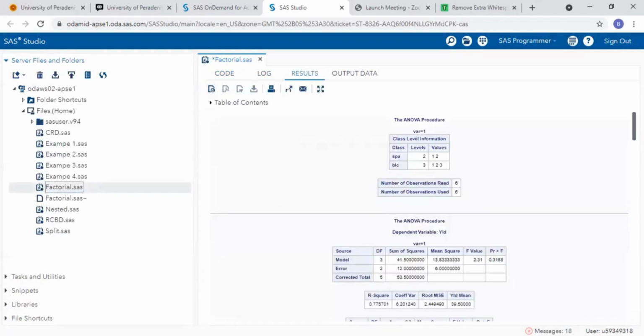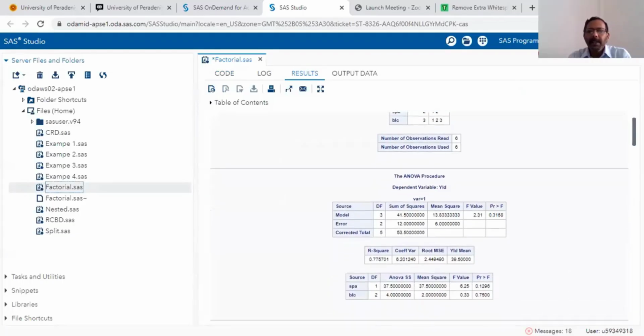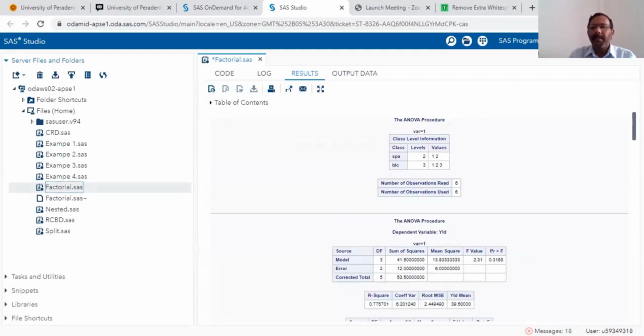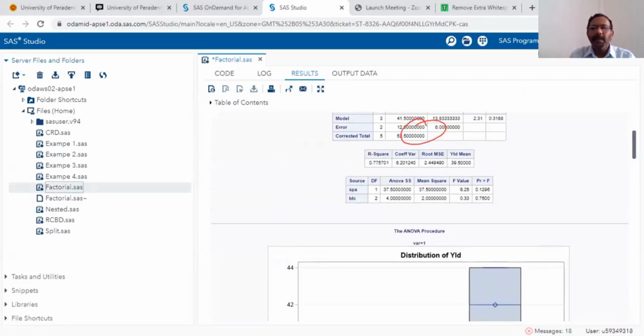So this is the output. We will focus on the mean separation mostly. For variety 1, look at whether the spacing is significant or not.